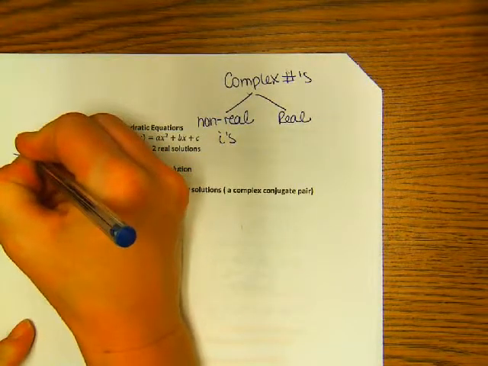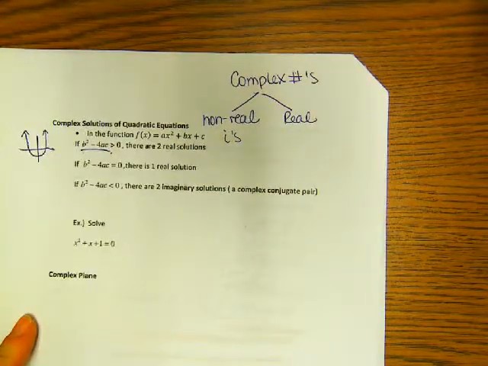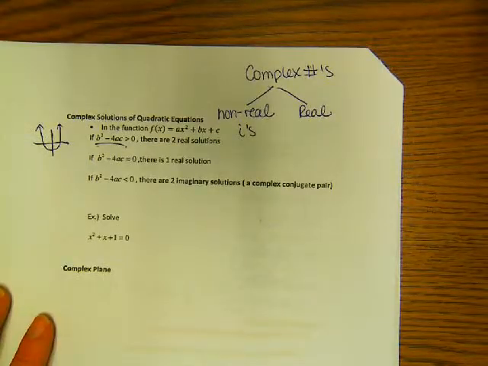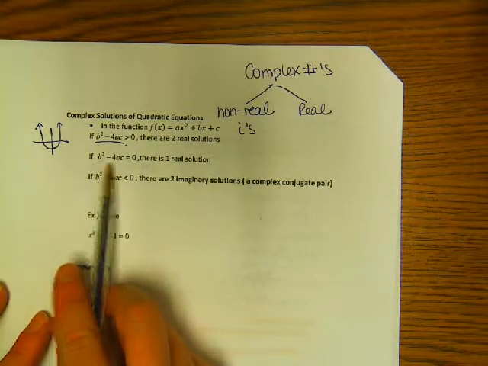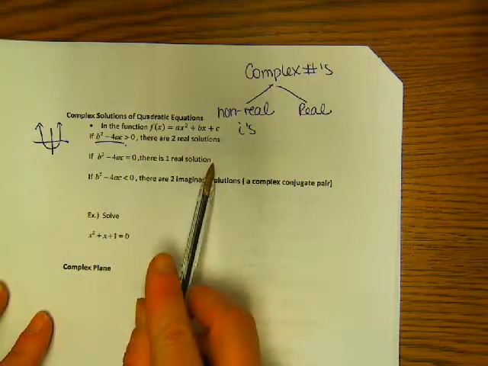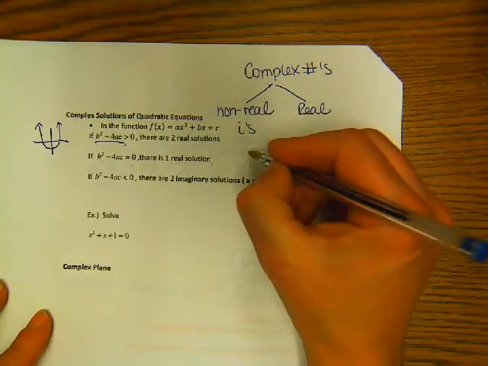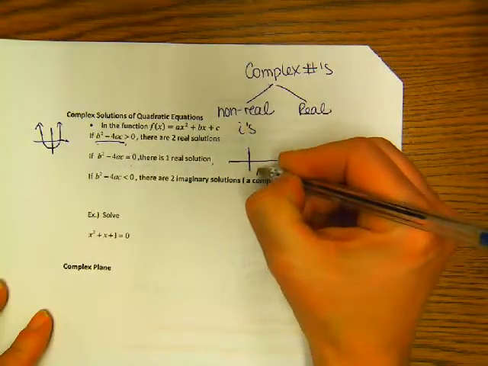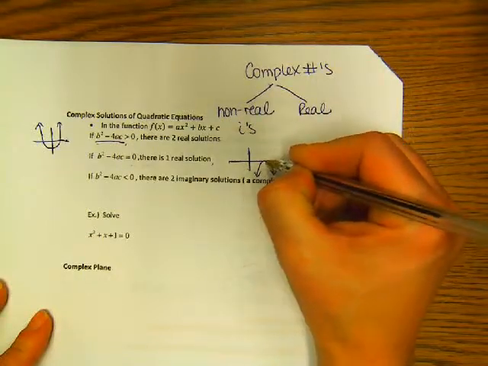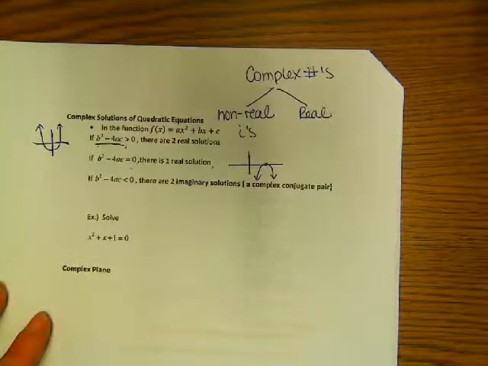How many times does it touch the x-axis? 2, okay? If it equals 0, there is one solution, and what that means is the parabola would be resting right on, or have a vertex on the x-axis. So it's got one solution.